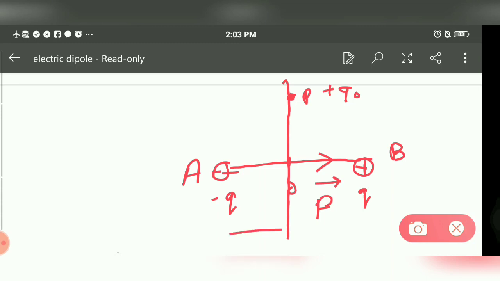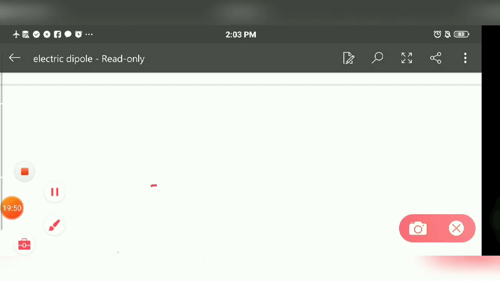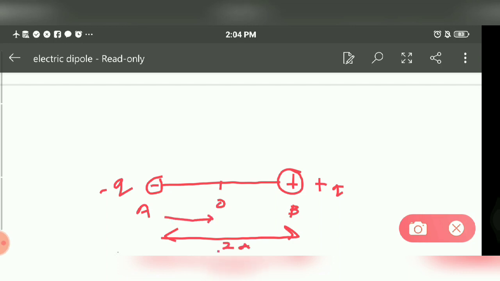If we are taking this as 2A, I'm going to make it more clear. This is negative, this is positive, this is A, this is P, this is charge minus Q, this is charge plus Q, center O. This complete is 2A, so this is A, this is also A. In the expression given below, they have taken only d, then this is d by 2, this is d by 2.